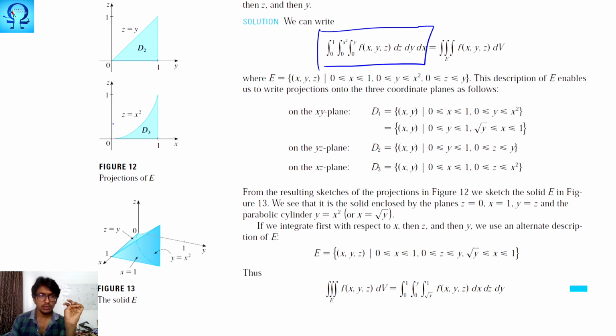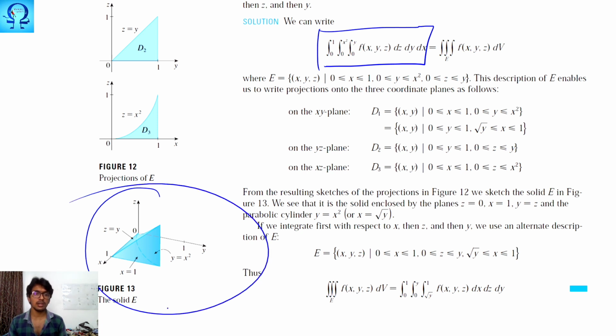Since z is y, when you look at it in the xy plane, the y value is to be replaced with the corresponding x value. If you plot these exactly in three dimensions, you will have a three-dimensional object like this.